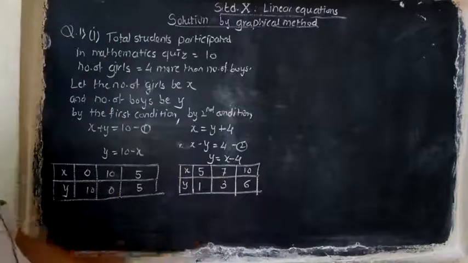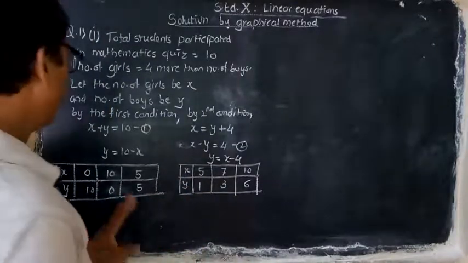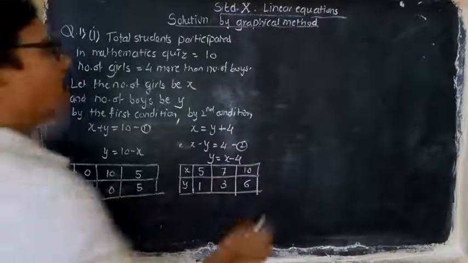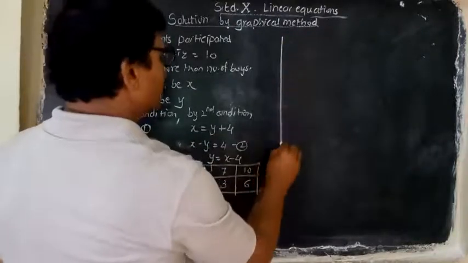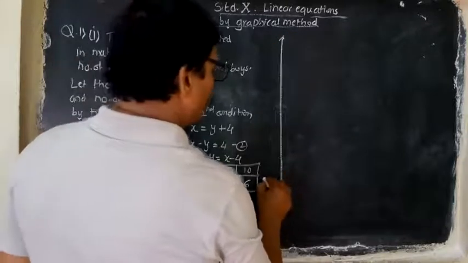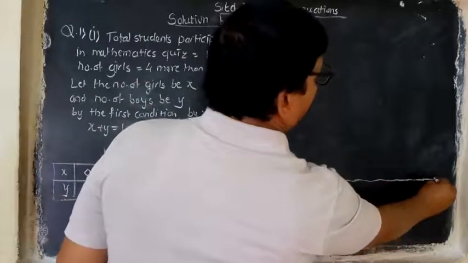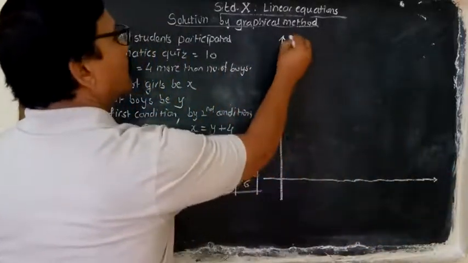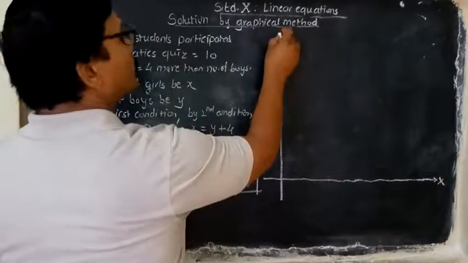As the value of X increases, the value of Y also increases. Now from this we will draw the graph. The graph will be in the first quadrant only, because the values of X and Y must be positive, as these are the numbers of girls and boys, which are positive integers.